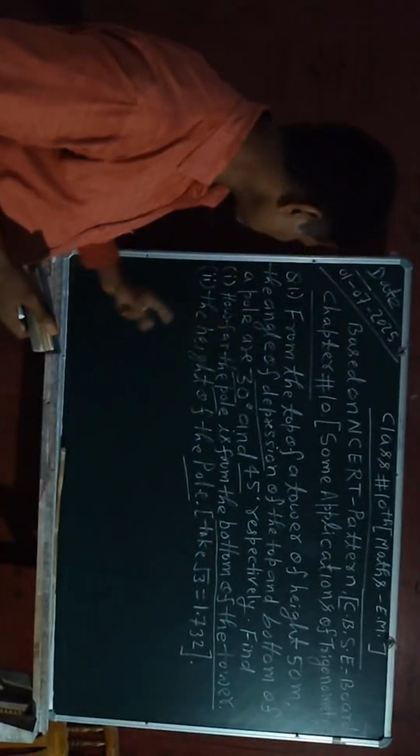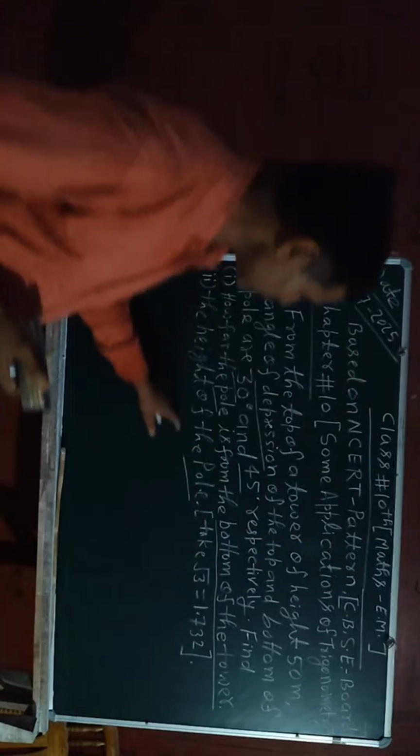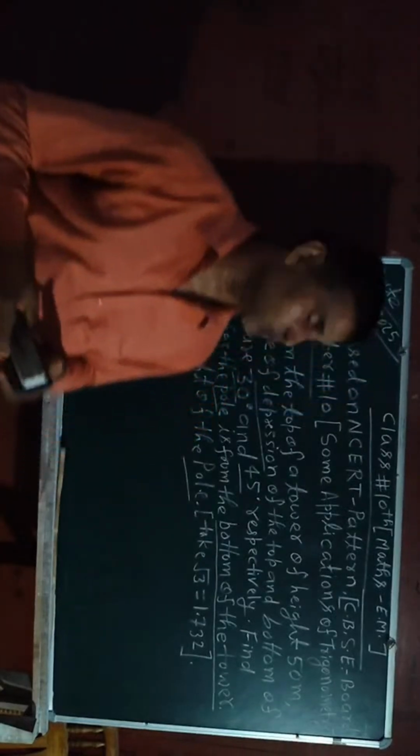This is the first requirement, and the second requirement is the height of the pole. We have to find the height of the pole. Okay students, so you concentrate here. I am going to draw this diagram. Now I am drawing here, and I am saying this is the tower.